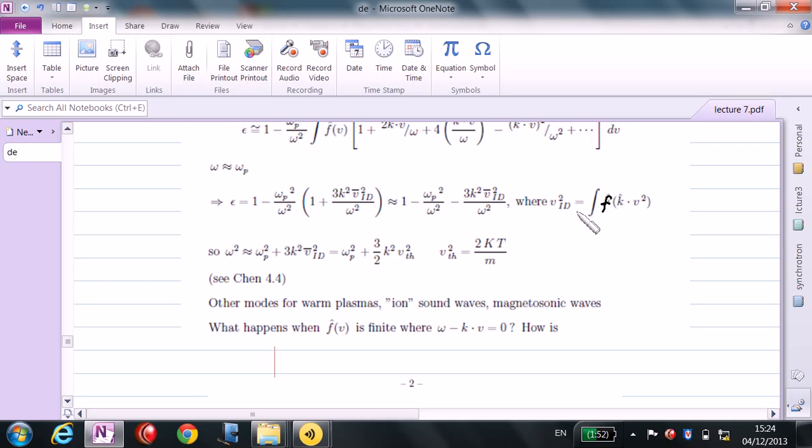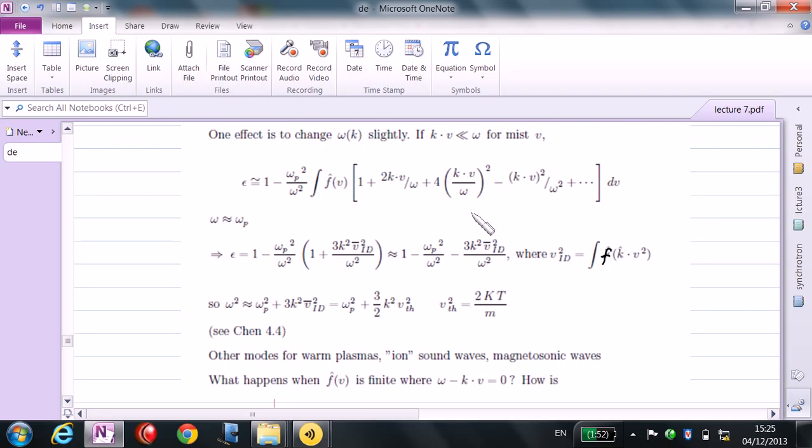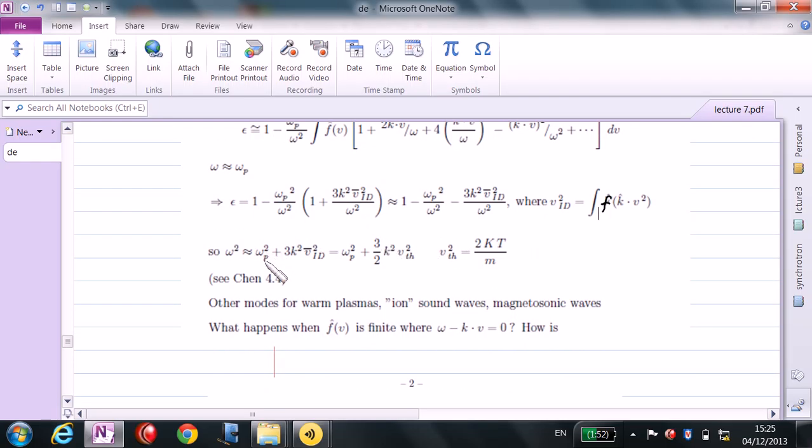The m, the electron rest mass that appeared in the plasma frequency, and I multiplied it by Boltzmann's constant.